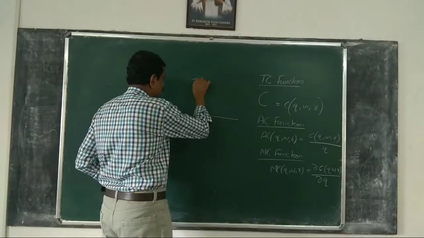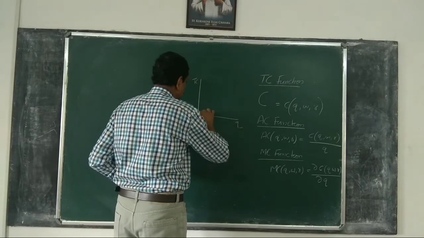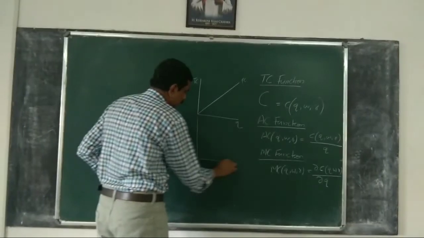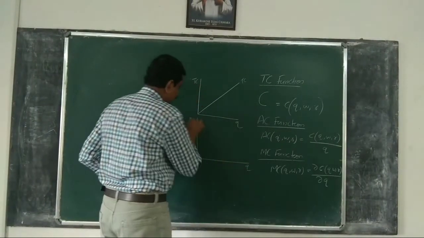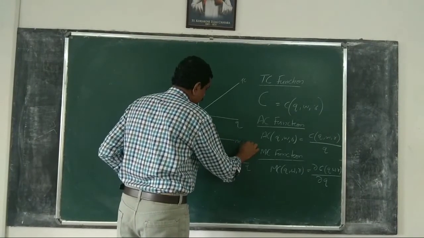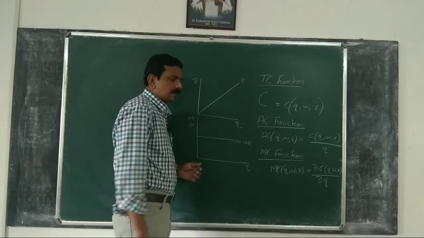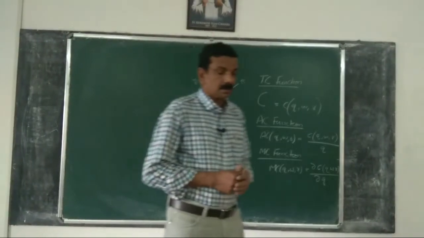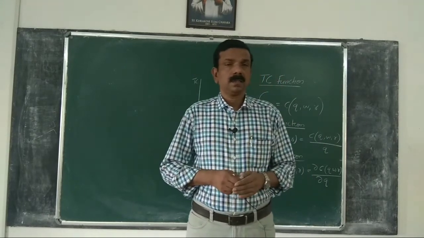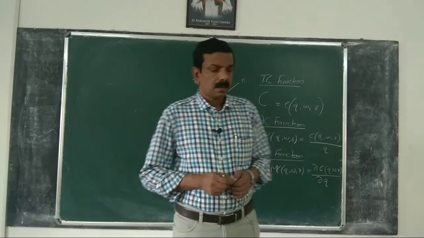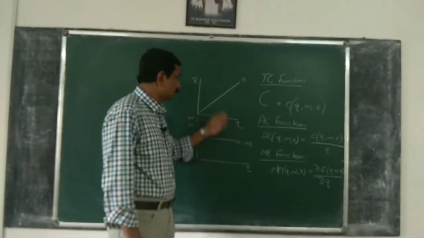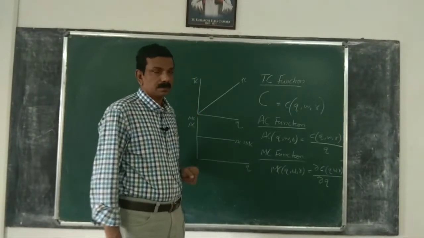Total cost is a function of quantity, and the corresponding MC and AC are given. AC is equal to MC. This is the graph of total cost, and the corresponding MC and AC. Now, as it is clear, in this specification, total cost is proportional to output.